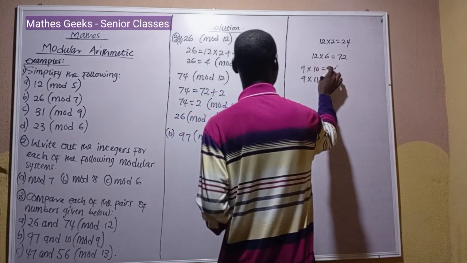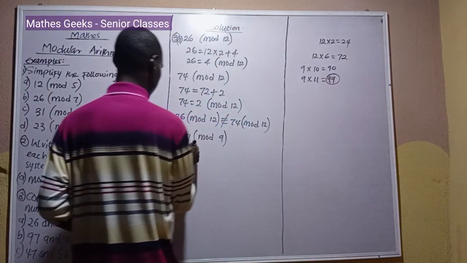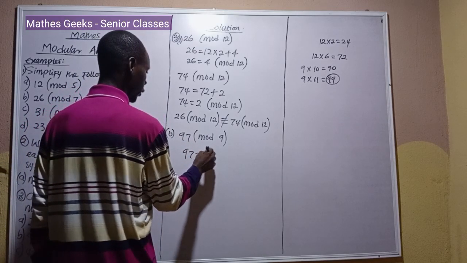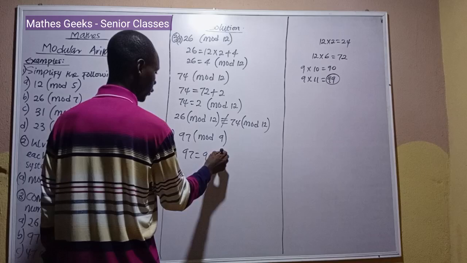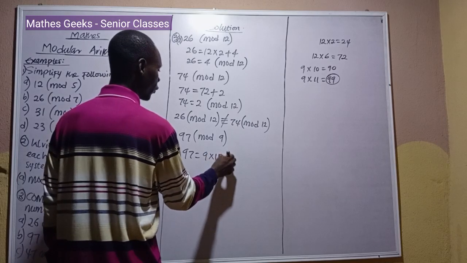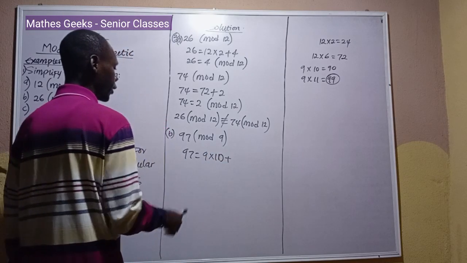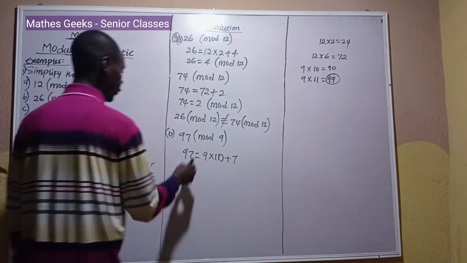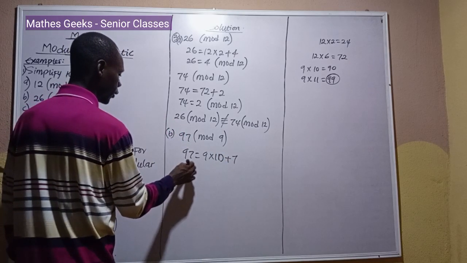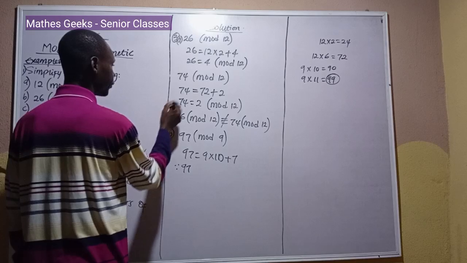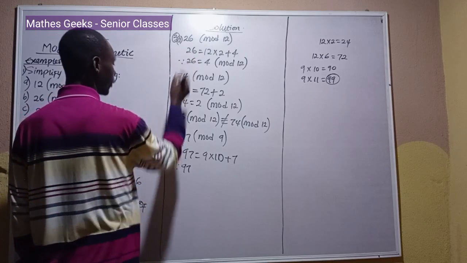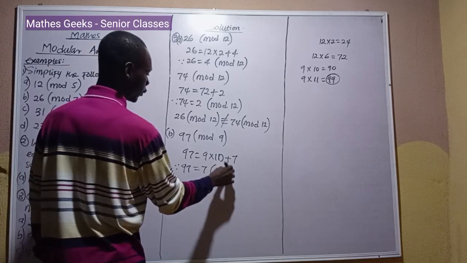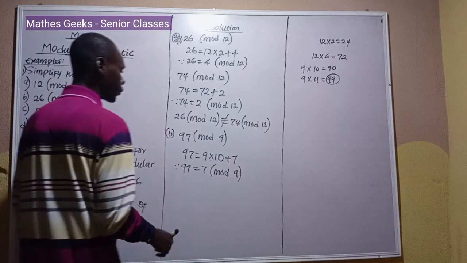So 90 is the closest to 97. So 97 is equal to 9 times 10. What is the remainder that needs to be added to 90 to get 97? It is 7. Therefore 97 is equal to 7 in mod 9.